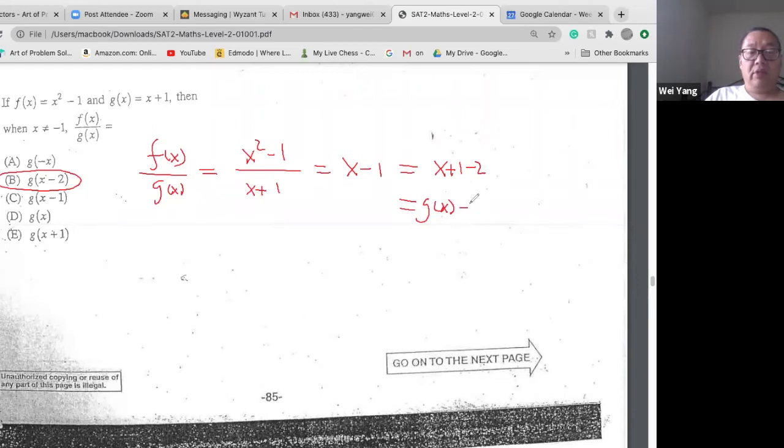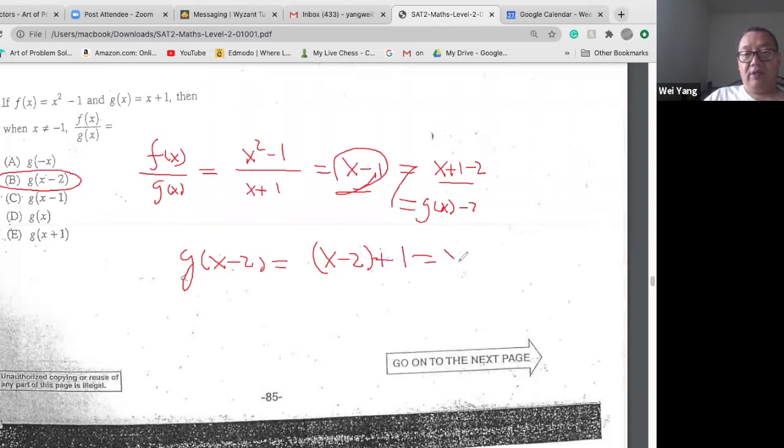Yeah, this one equals x minus 1, right? Now let's try g(x) minus 2. This one equals x minus 2 plus 1. Yeah, you're right. This one equals g(x) minus 2. This one is right.